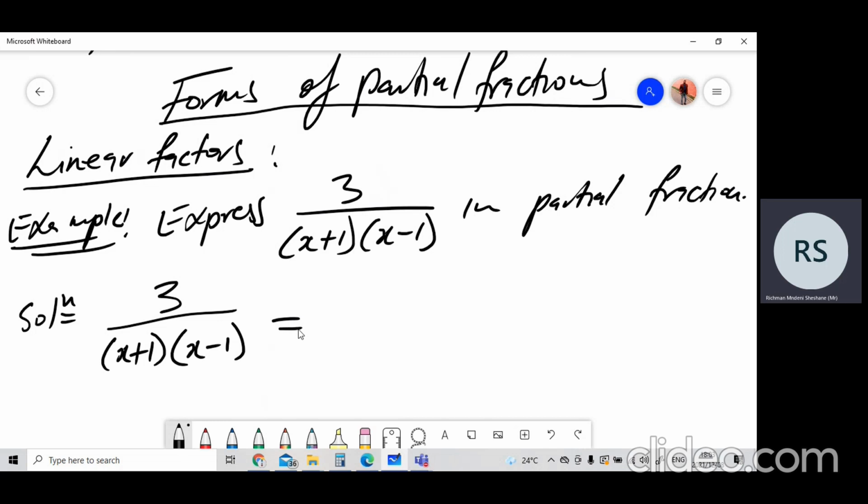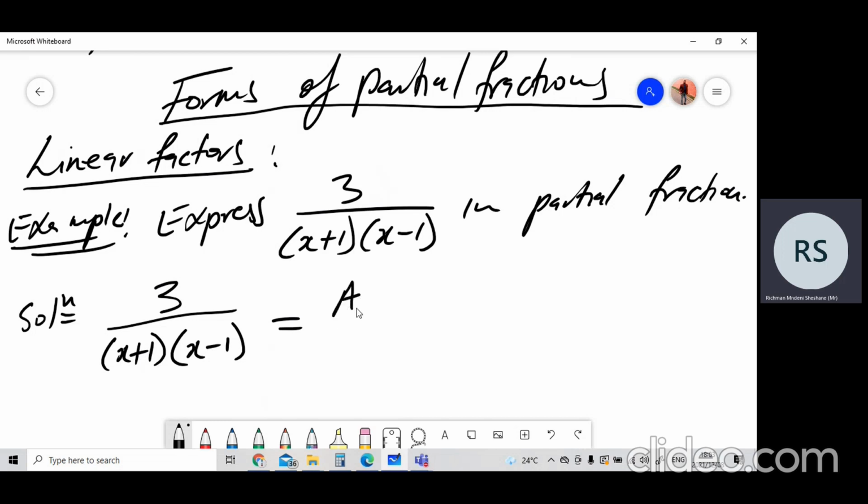3 over x plus 1 times x minus 1. I said the linear factors in the denominator determine the shape of the partial fractions. It should be a sum of the shapes formed by each linear factor here. Each linear will give you a constant.